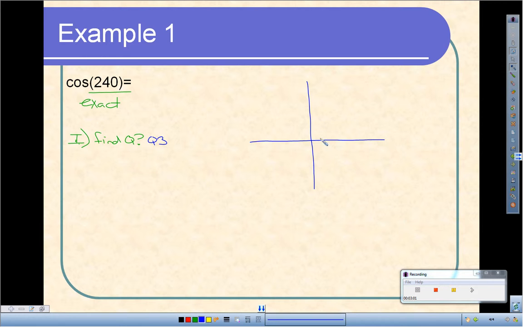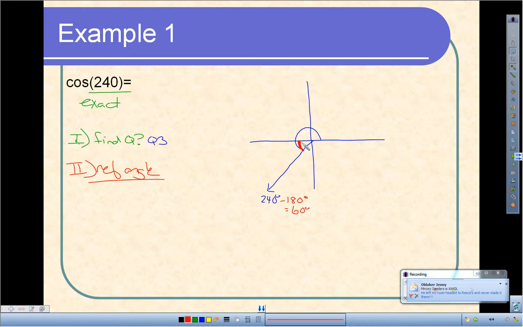If I were to draw that, there would be approximately 240 degrees. After I've found what quadrant it's in, I want to find the reference angle. Since we're in quadrant 3, the way that you find the reference angle is you take the angle and subtract 180, and that would leave me 60 degrees. So this reference angle right here is 60 degrees.